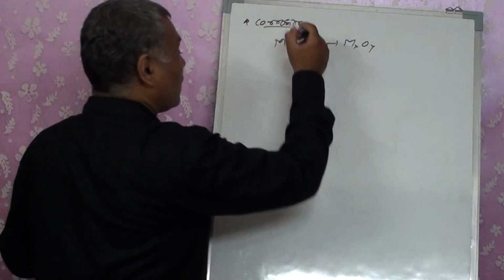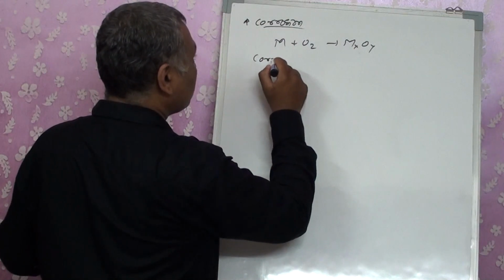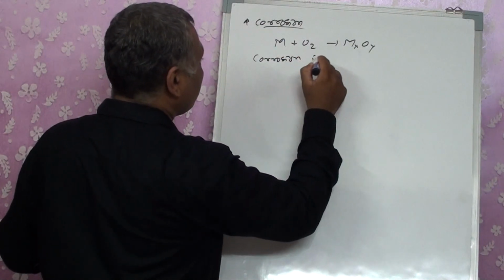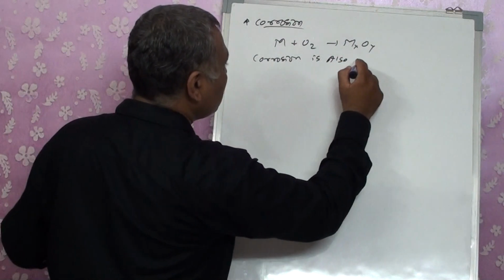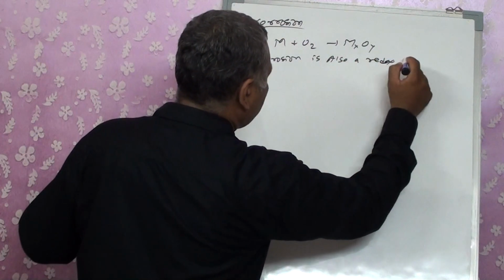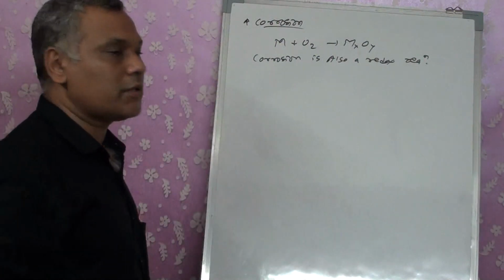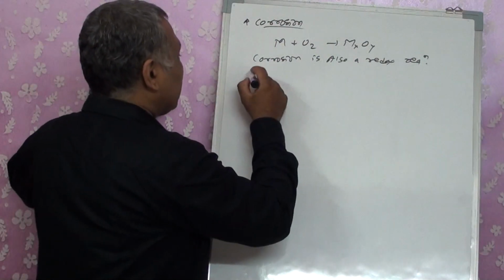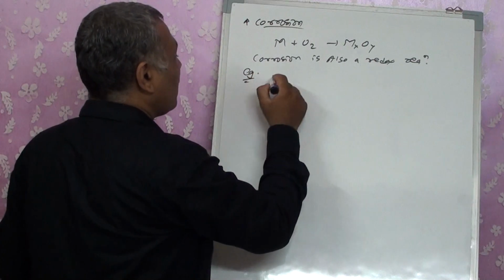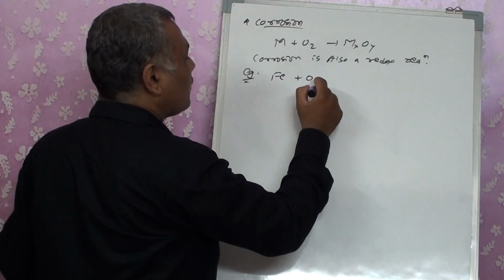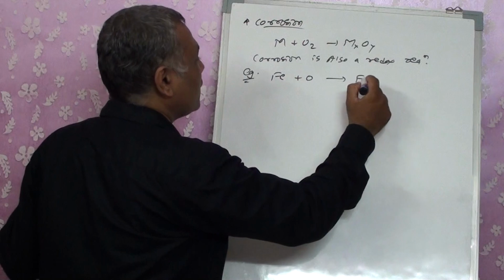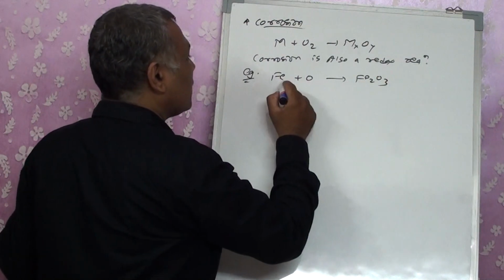Corrosion is also a redox reaction, which means reduction and oxidation both take place simultaneously. How? Let's take an example of Fe reacting with O to produce Fe2O3.